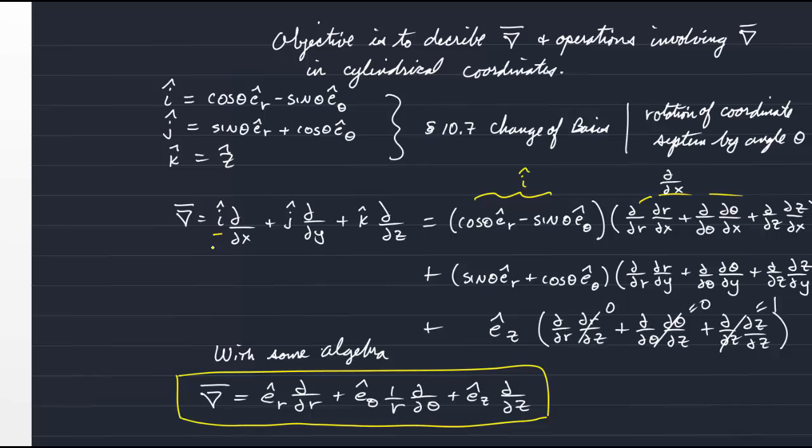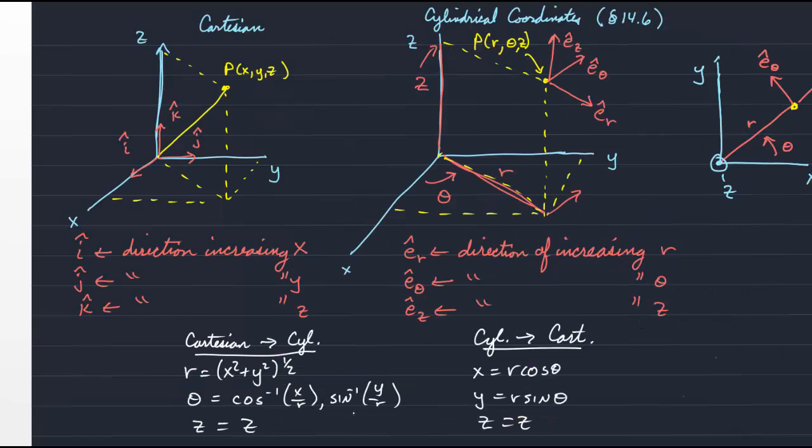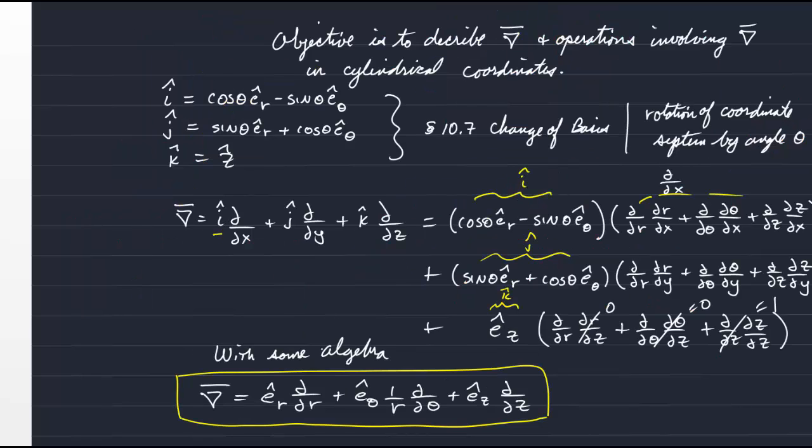So this shows how we went from del in Cartesian coordinates using these relationships for i hat, j hat, and then of course k hat. And then we have these partial derivatives related using the relationships between Cartesian and cylindrical coordinates. And collecting these terms, we get this final equation for del in cylindrical coordinates.